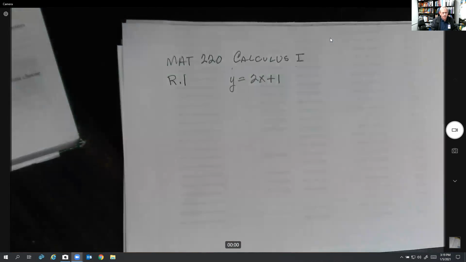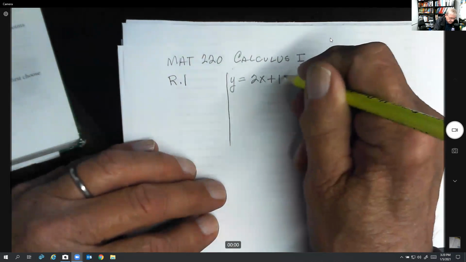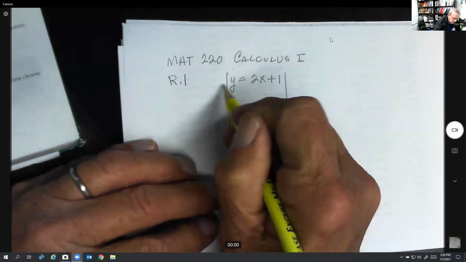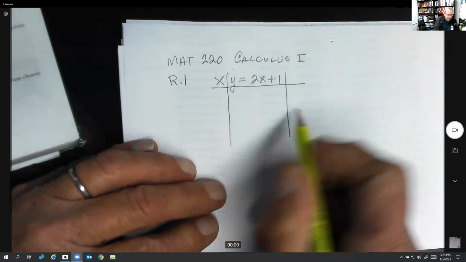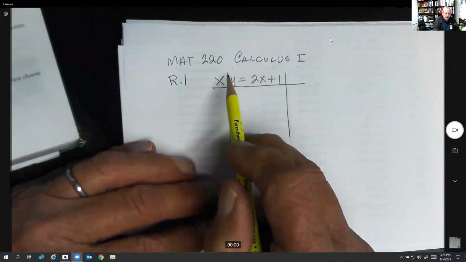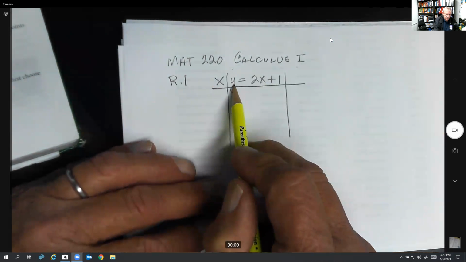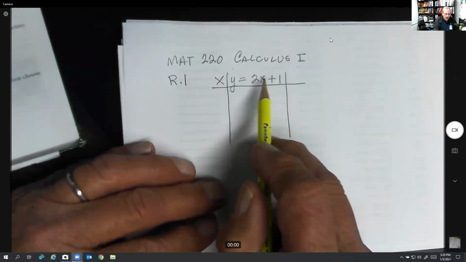If there are no powers involved in the problem, we know this is going to be a linear equation, which means it's basically going to be a straight line. And so we're going to substitute in values of x. This is your independent variable. And this will give you answers for y, which is dependent on what values we put in for x.